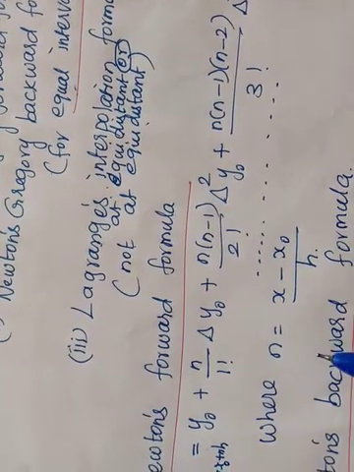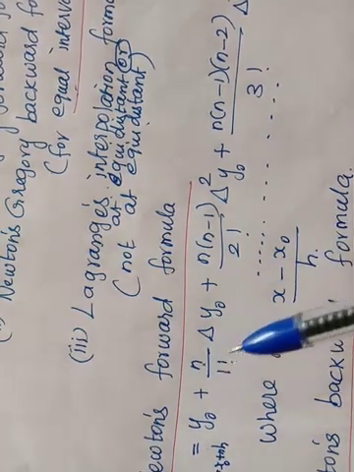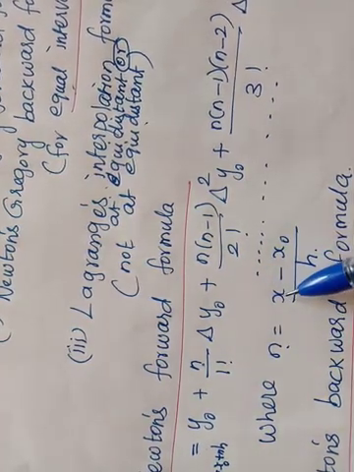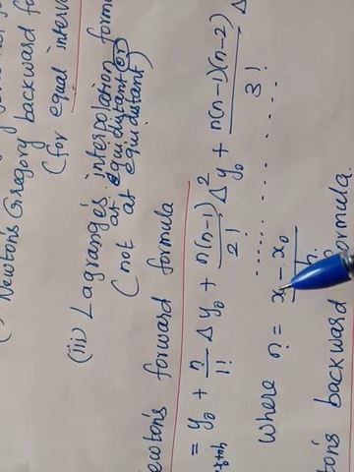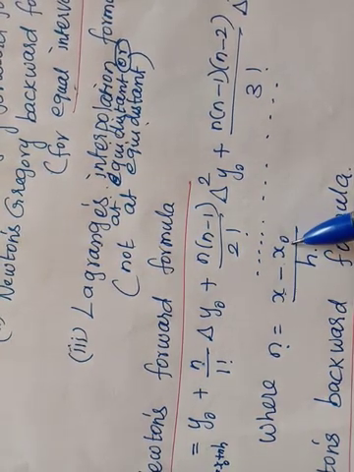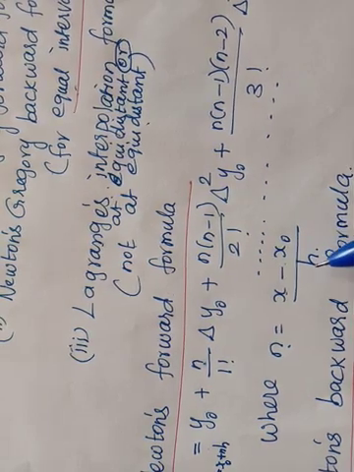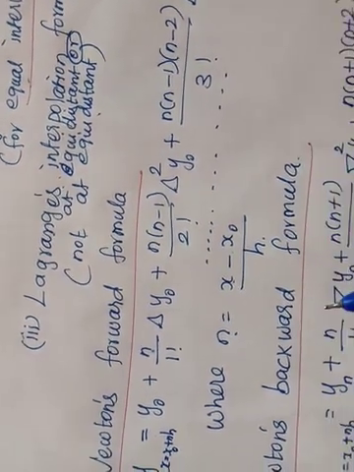Here n is equal to x minus x0 by h. X means the value they asked, x0 means the initial value, h means the interval or spacing.